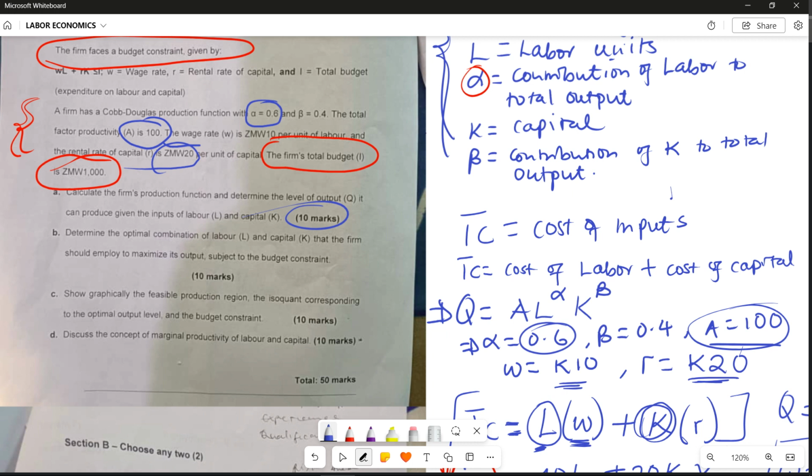We already have the values. We've already found the optimal combination of labor and capital, because labor should be, did we say 60 units, and then capital 20 units? So what you do is this.